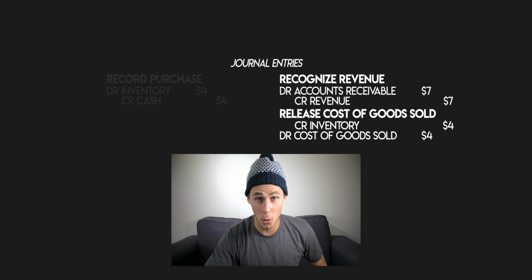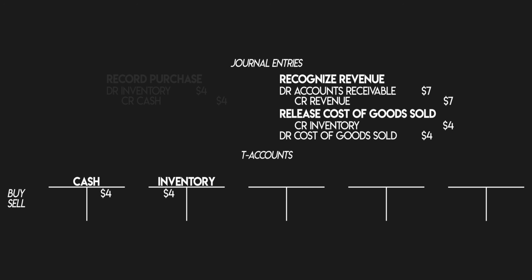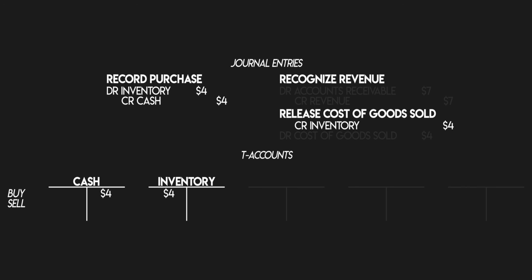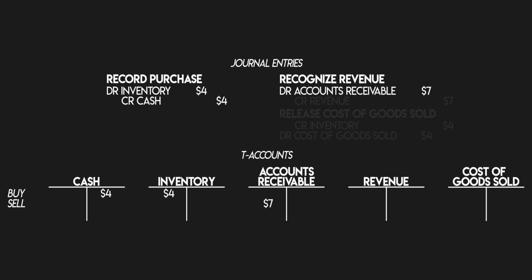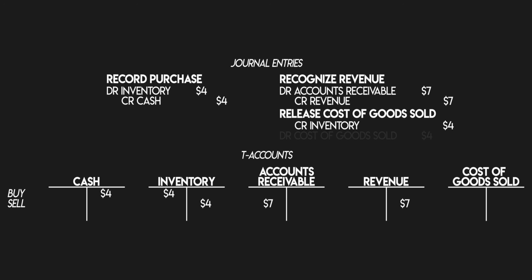We're going to need some more T accounts. 3 more, because as well as affecting cash and inventory, these entries hit accounts receivable in your balance sheet, along with revenue and cost of goods sold in your income statement. To recognize your revenue, you debited accounts receivable by $7 and credited revenue by $7. And to release your inventory or your cost of goods sold from your balance sheet, you credited inventory by $4 and debited cost of goods sold by $4.